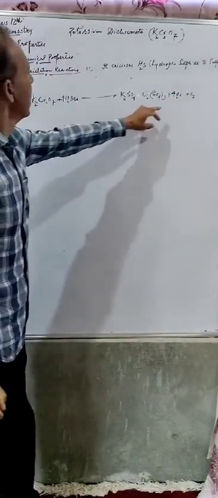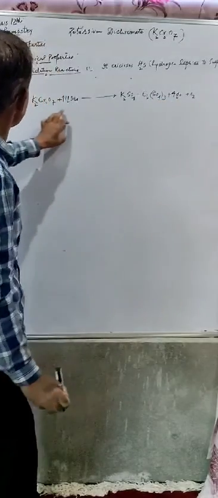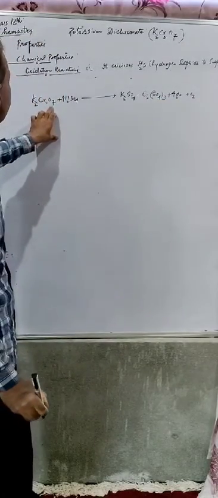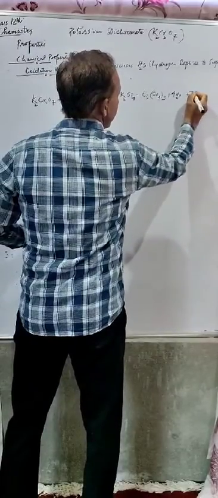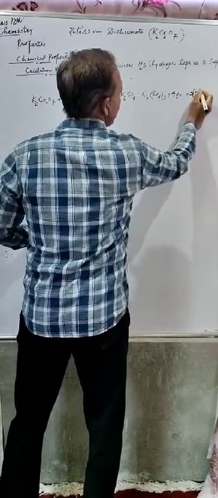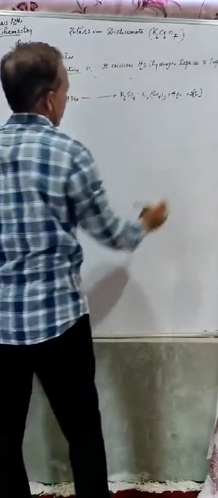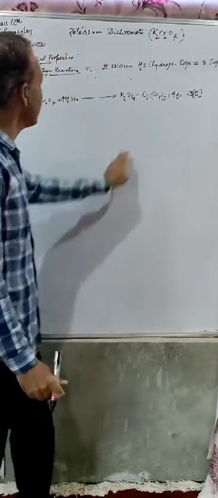Now we have 4 times oxygen, we have 7 times oxygen, and it is not O2, it is the nascent oxygen, and we have 3 times nascent oxygen. Sorry for it.